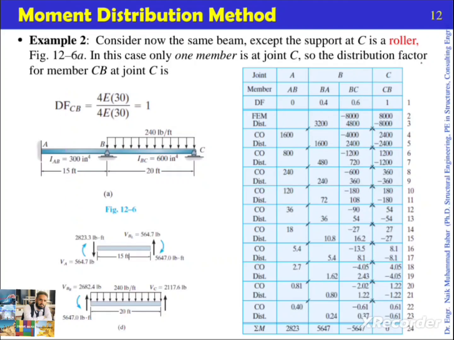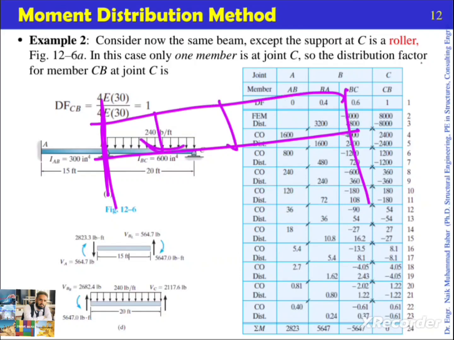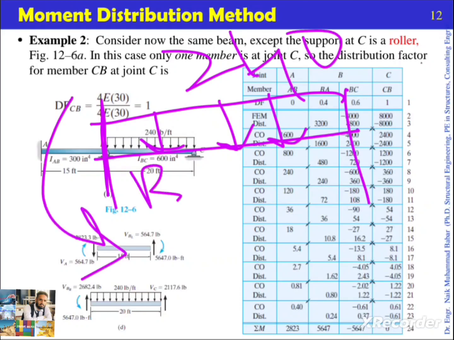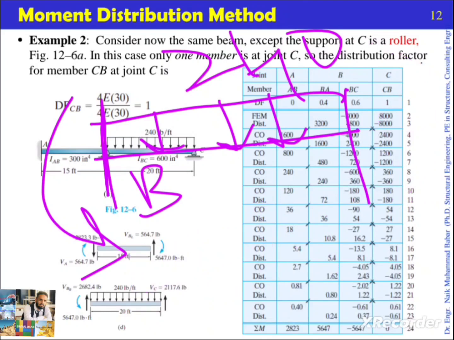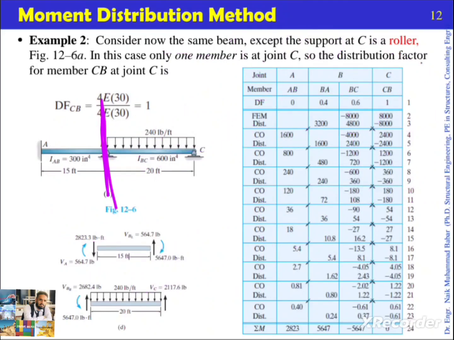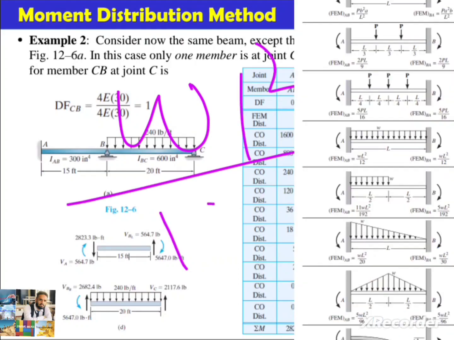Now for the fixed end moment of the BC span, this is B and this is C. There is a UDL of intensity 240 pounds per foot. So we calculate the fixed end moment for both sides using the formula WL squared divided by 12.